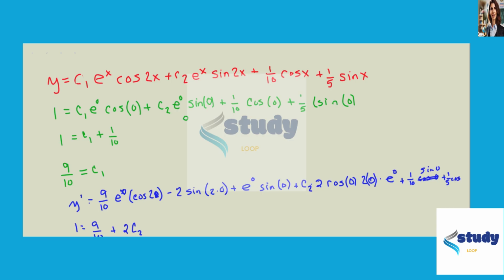And the derivative of sine is cosine, so this is a cosine of 0. So 1/5 times cosine of 0 is 1/5.